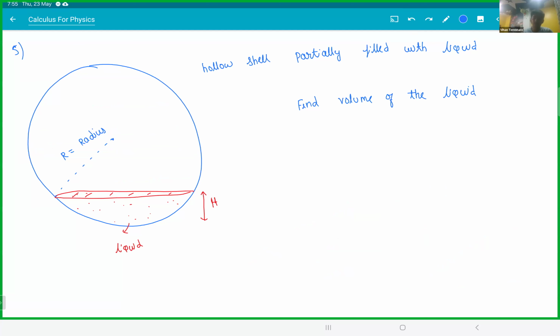So if h becomes 0, then the entire thing should become 0. If you keep h is equal to r, did you set up the answer? Yes, sir. Sir, actually, I thought that if h is equal to 2r, then it's the whole thing. If h is equal to r, then half. So then I just took a fraction by saying h divided by 2. So yours is a case of operation failed, but patient survived. Yes, sir.